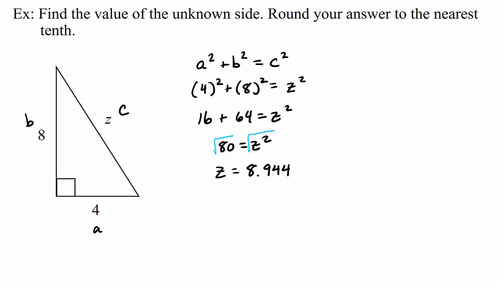I want to round to the nearest tenth position, which is the first decimal after the decimal point. So therefore, I'm going to use the second position, which is 4. 4 is less than 5, and so that 9 is not going to round up, and I'm going to be left with a final answer of z equaling 8.9.